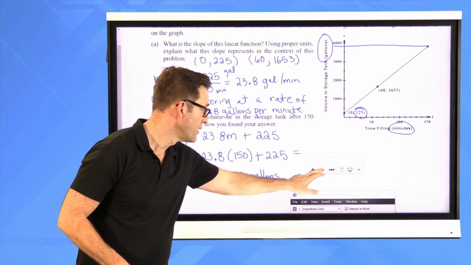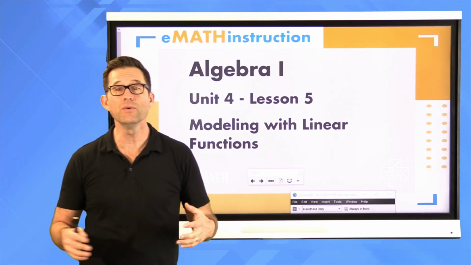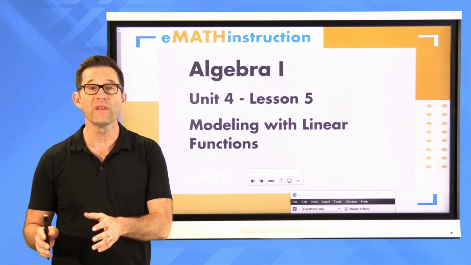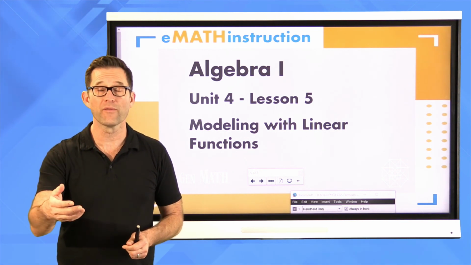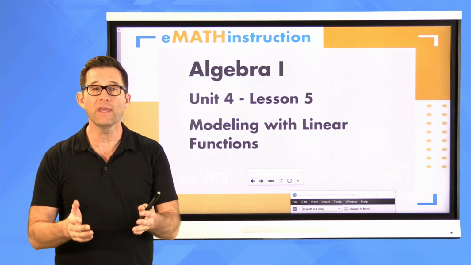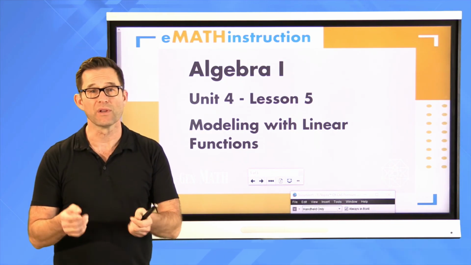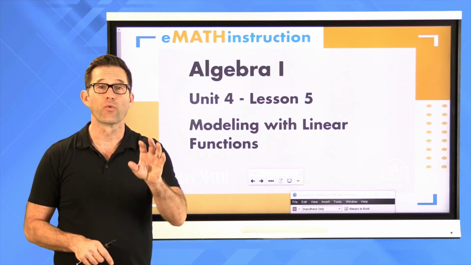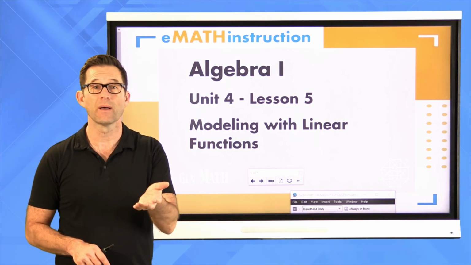Okay, let's wrap this up. So a lot of what we did today was use skills that we had learned in previous lessons of this unit in order to model real-world phenomenon using linear functions. And the real key, always with modeling constant rate problems with linear functions, is knowing that the rate becomes the slope of the line and the starting value becomes the y-intercept.